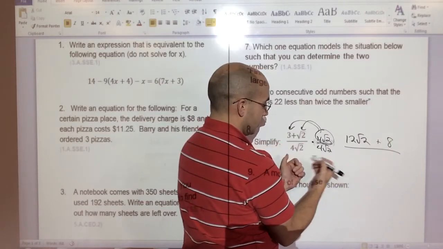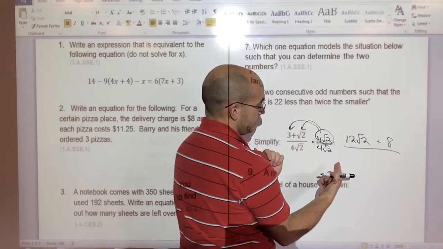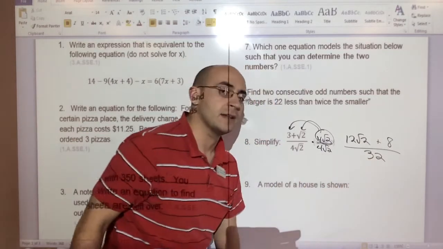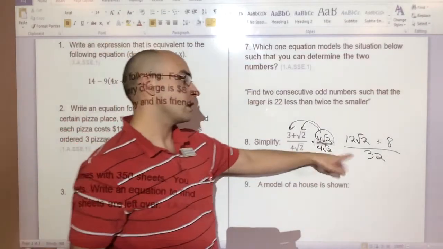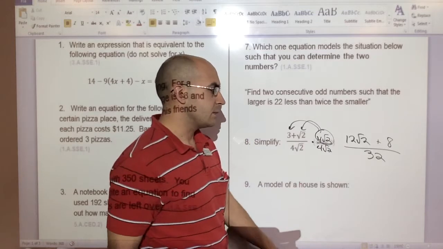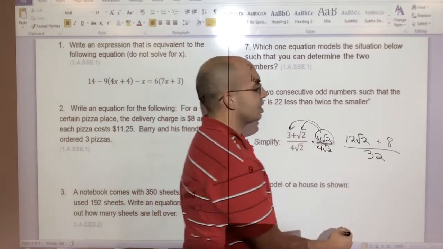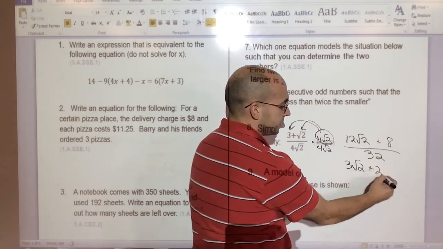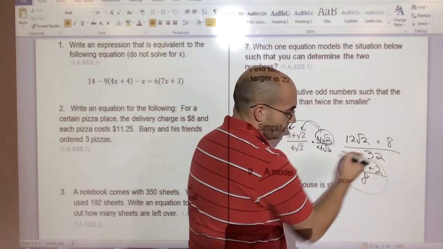And this is over 16 times 2, so 32. Now I'm able to simplify because they all share a common number. The greatest common number they share is 4, so I simplify by 4 everywhere. This is going to be 3 root 2 plus 2 over 8. Done. That's my answer for that.